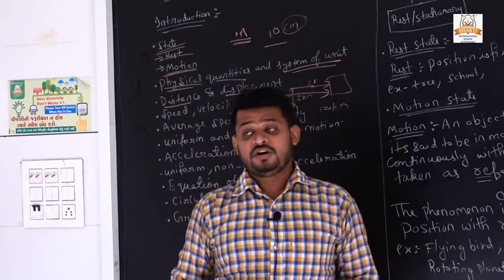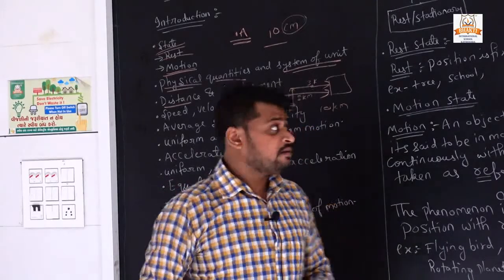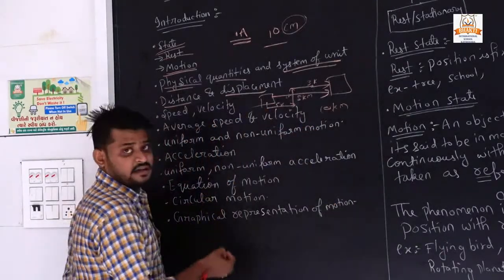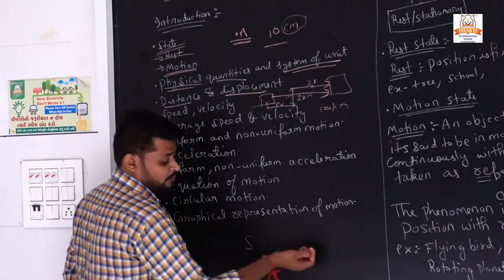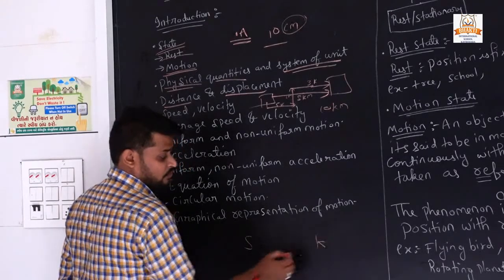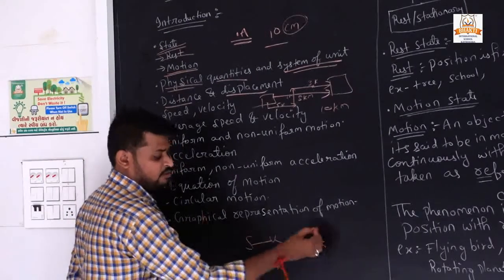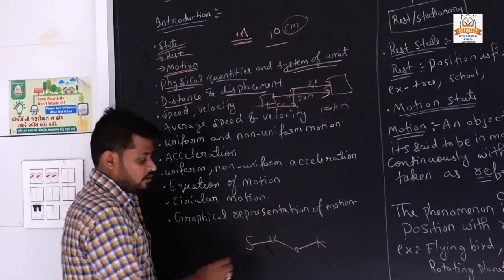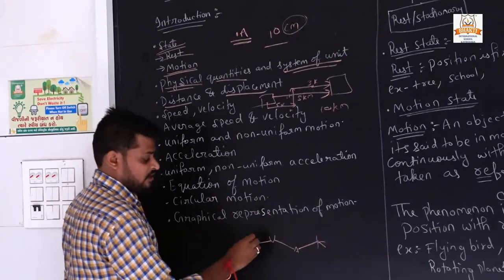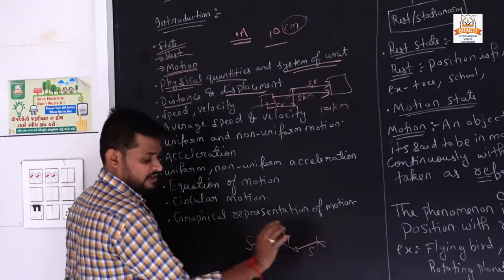Why? Because the train will travel along a path, the path from Surat to Kota. First it reaches Vadodara, then Ahmedabad, then Kota. So it will take distances 5, 4, 6, 5.